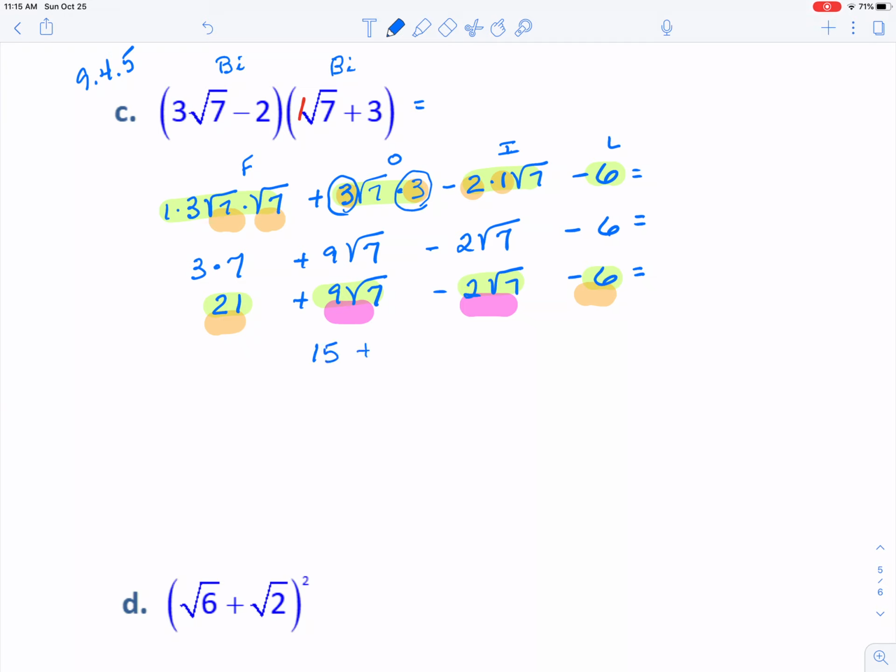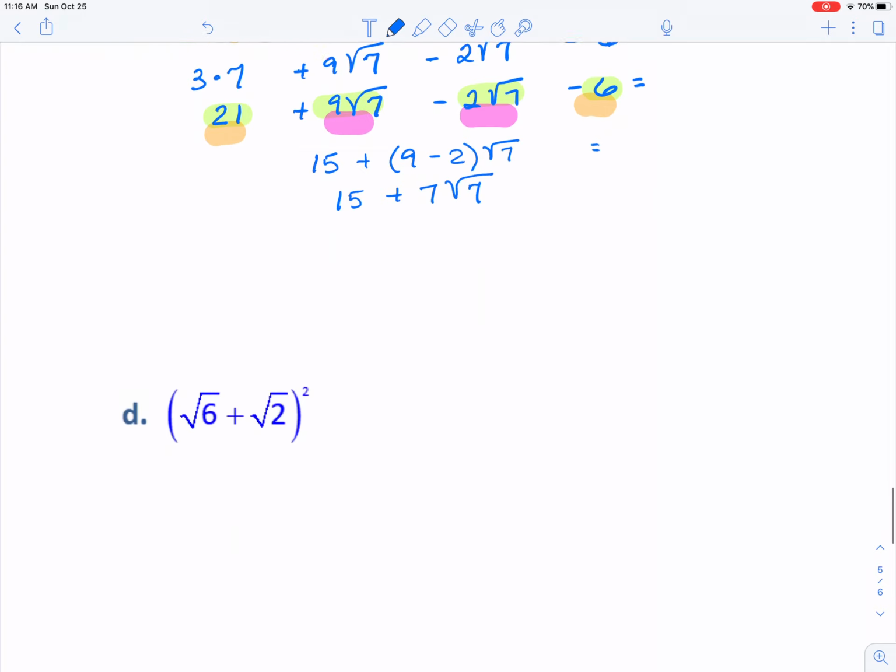And then remember, these numbers out in front are the ones that combine, and the radical just trails along on the end. So there's my final answer. I can't go any further because the square root of 7 does not have a match over there with the 15.